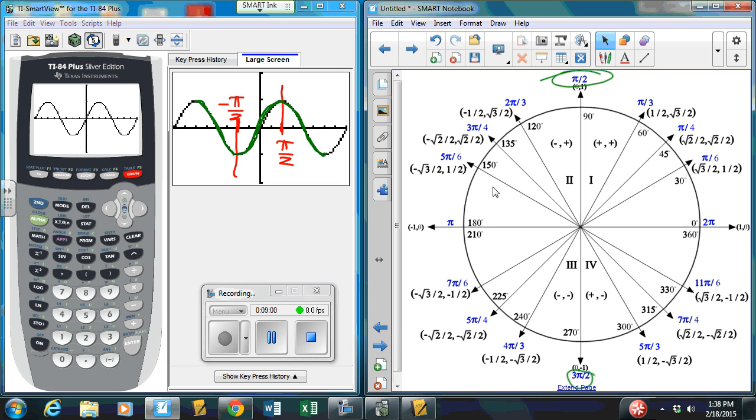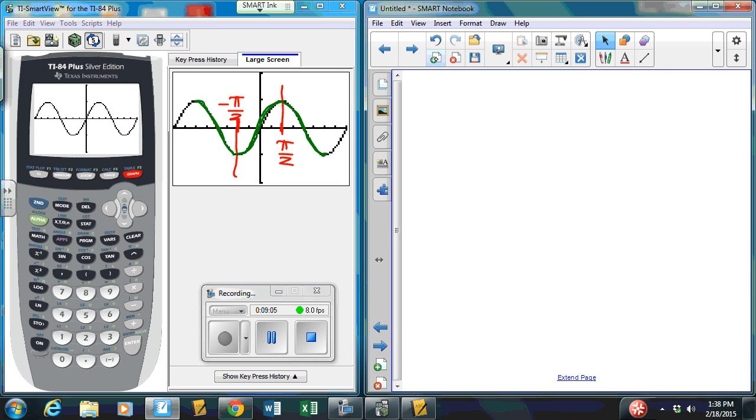Now keep in mind, what's the definition of sine? It's the y value. Remember that sine of an angle theta is equal to y over r. Well, on the unit circle, what is r? It's 1. So sine of theta equals y over 1, which is just y. So on the unit circle, the sine is the y coordinate.